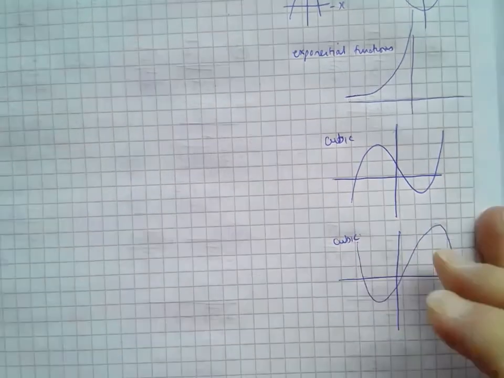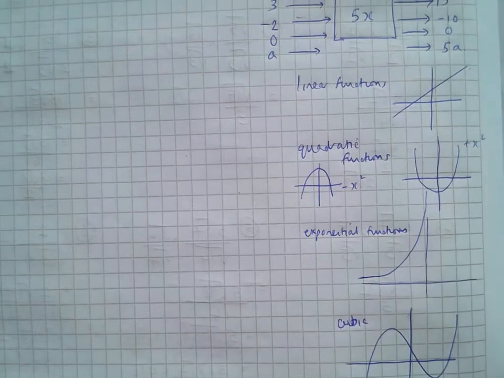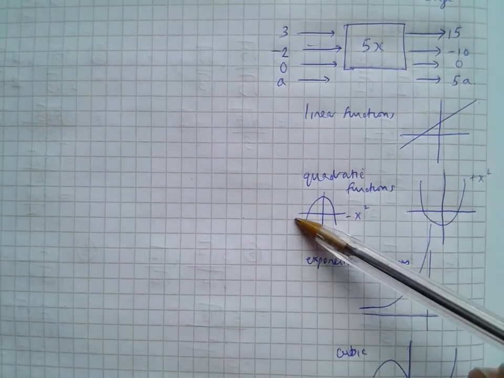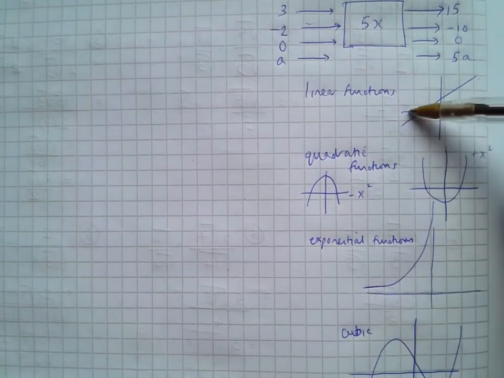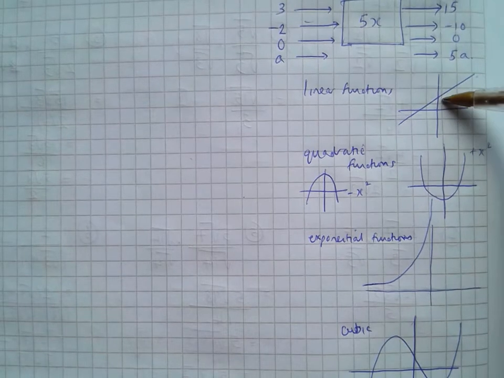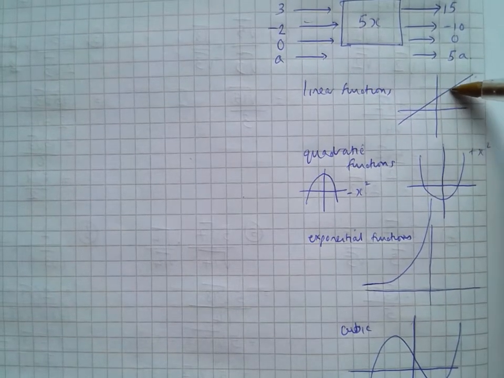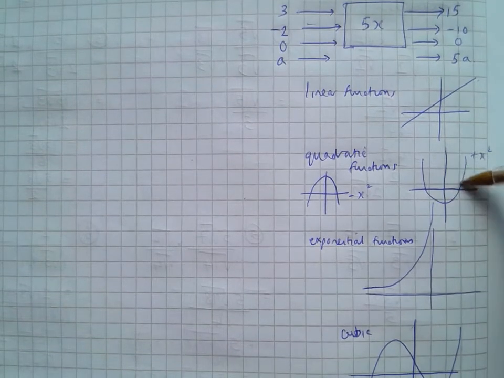So those are functions. In each of these, as you can see, the x value has a y value that goes with it. In a linear function, each x value has a y that goes with it. Here's the x, this is the y that goes with it. And hopefully you're used to reading those points from your graphs. Again, quadratic, exponential, and cubic.